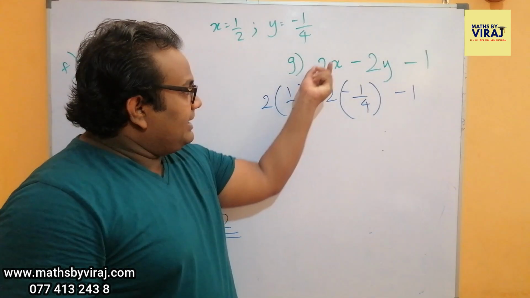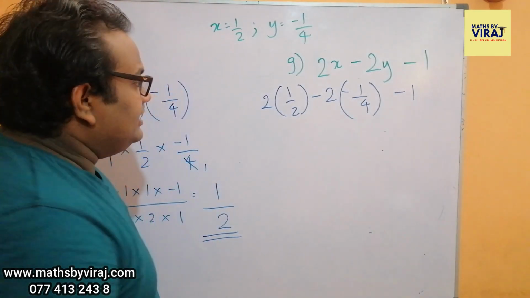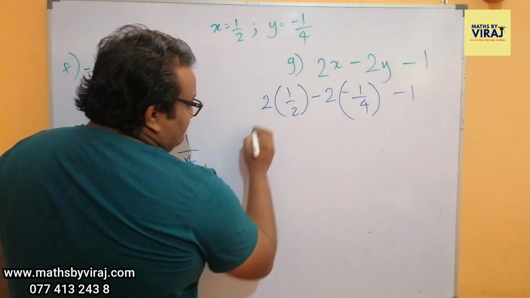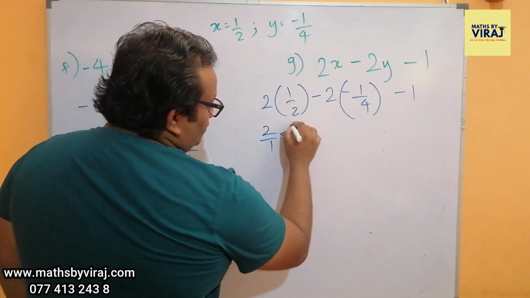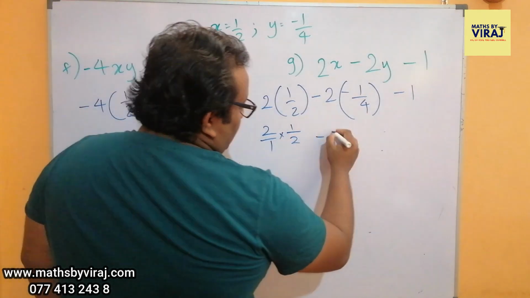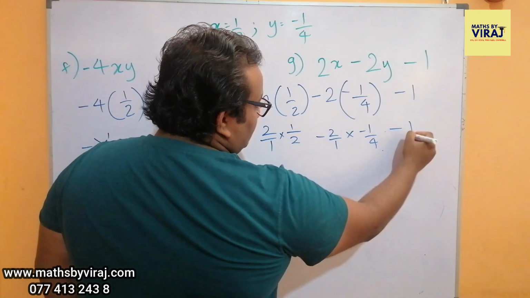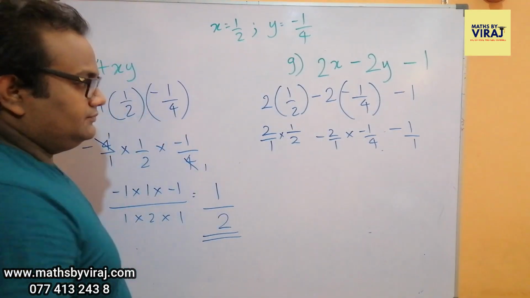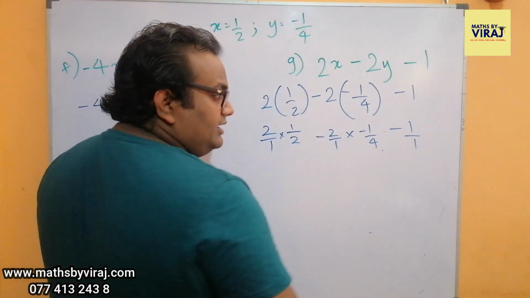But here we have the number and the x, number and the y, and a singular number. Therefore, again we can write 2 over 1 into 1 over 2. Minus 2 over 1 into minus 1 over 4 minus 1 over 1. This whole number 1 can be written as minus 1 over 1.